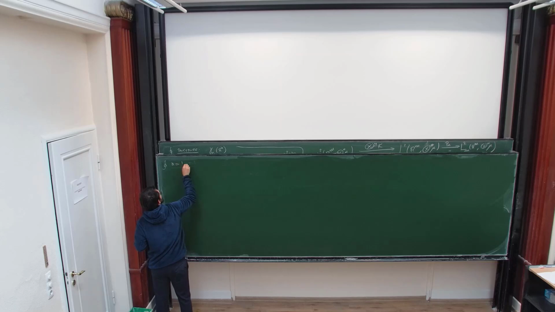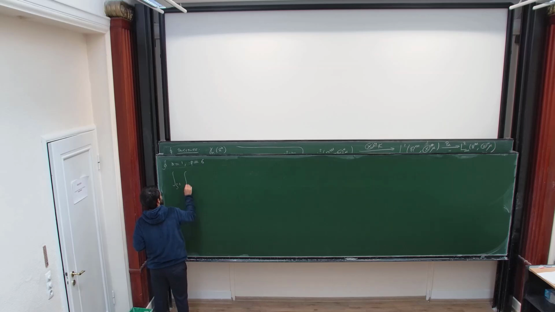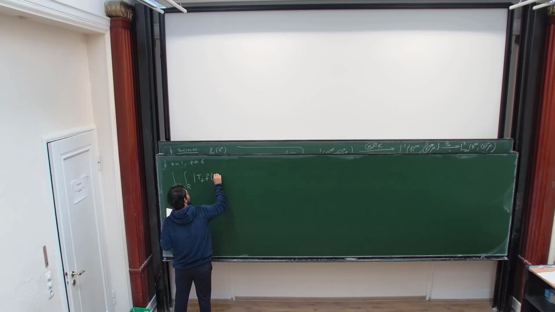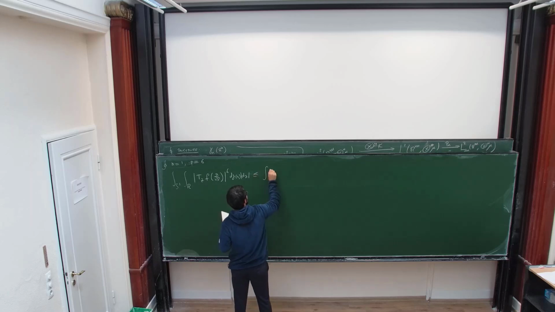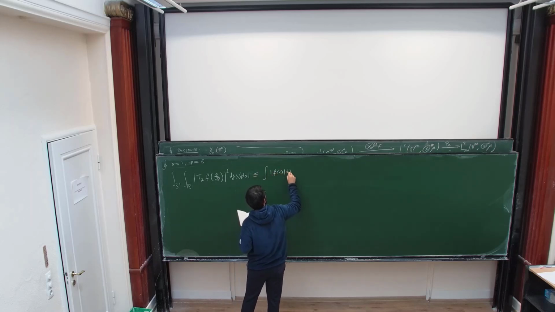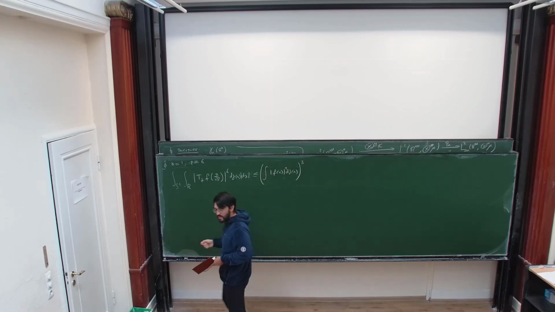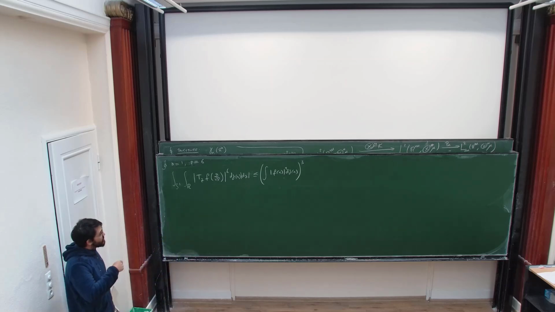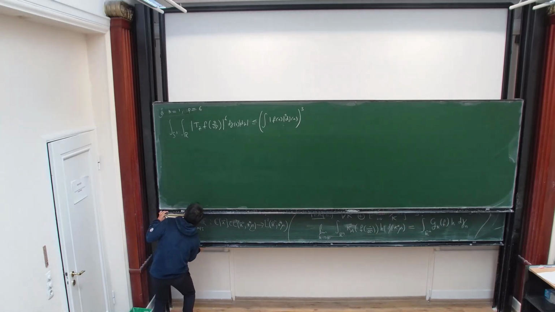For n equals 1, p equals 6, we want to show that, okay? Now with this new strategy, I should throw this up there.